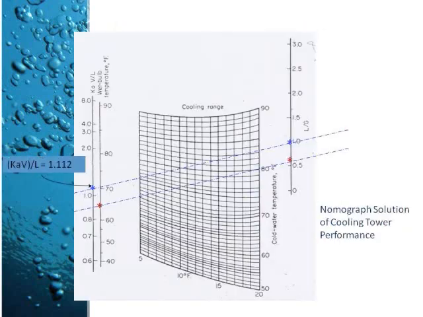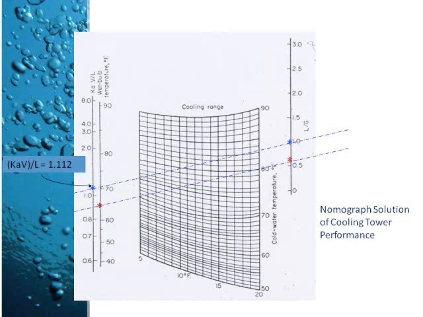So first we go to the nomograph found in Perry's Chemical Engineer's Handbook, and then we will plot the given cold water temperature, cooling range, and wet bulb temperature, and then draw a line from these 3 points, which in this slide is the line in the lower part that has the red dots.